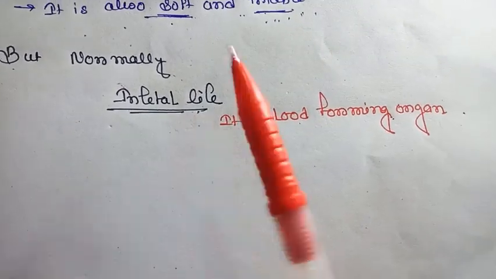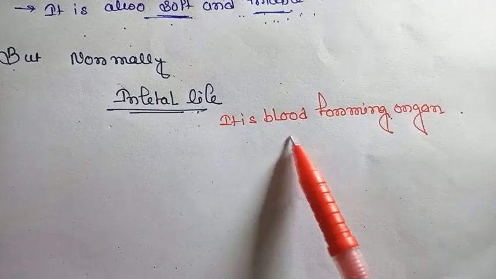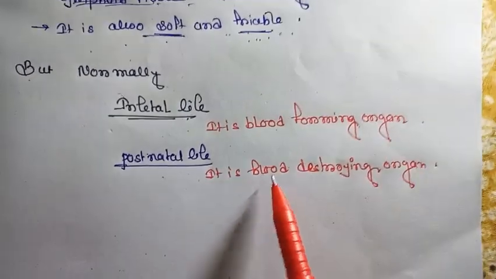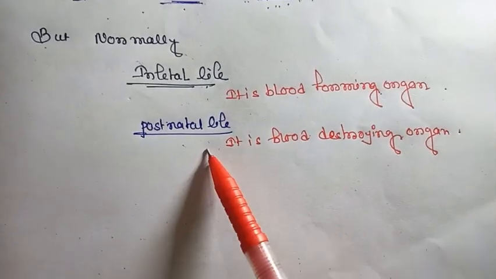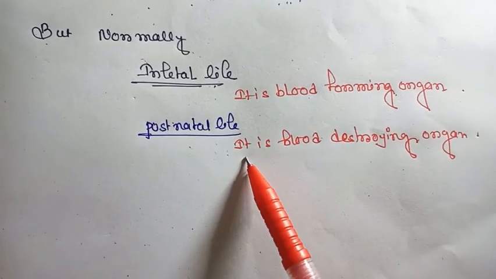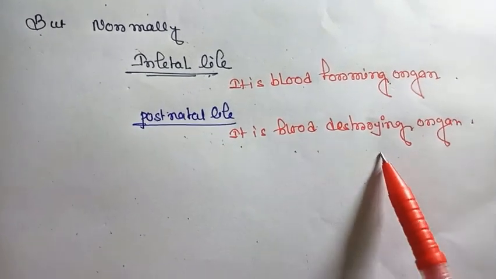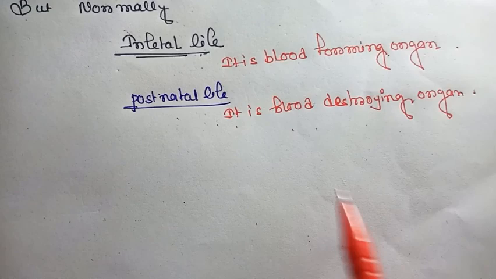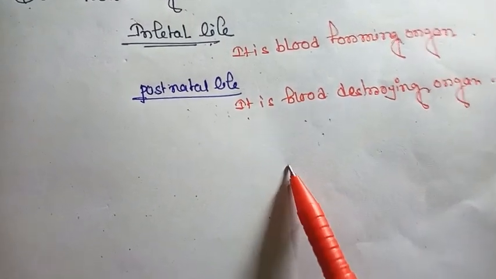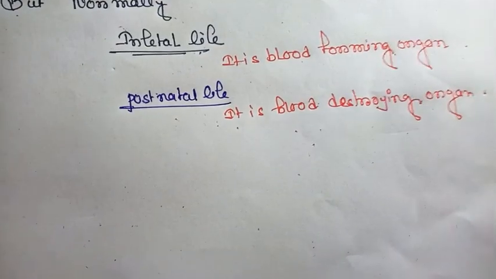In that time the spleen works as a blood-forming organ. But in postnatal life, it is a blood-destroying organ. When the baby is born, that is called postnatal life. In that time the spleen filters the blood from blood-borne antigens and microorganisms.